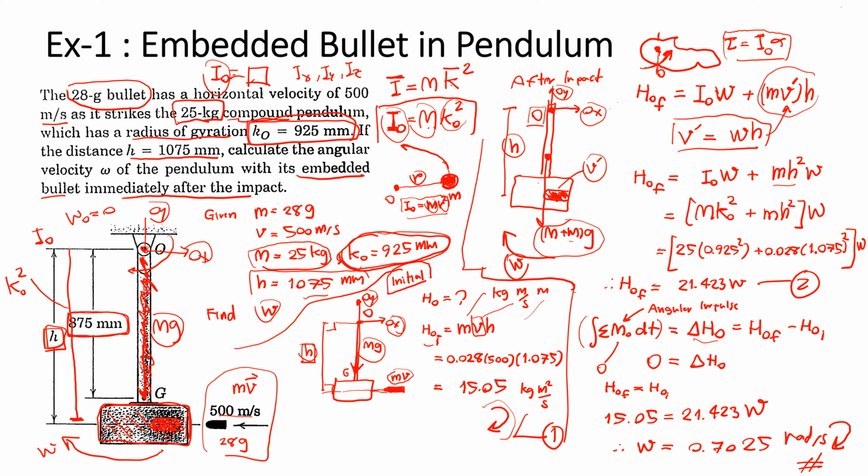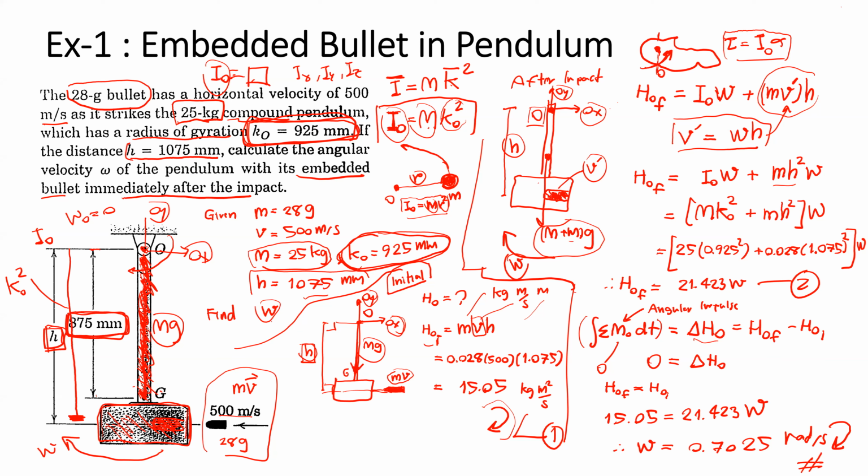But with the compound pendulum, you cannot neglect the mass of this component. The mass of this component still affects the total moment of inertia. So maybe the radius of gyration here, of course, is bigger than the distance from O to G, but it's less than the distance H, somewhere here, because we still need to consider the effect of the inertia in this part. Yeah, something like this.